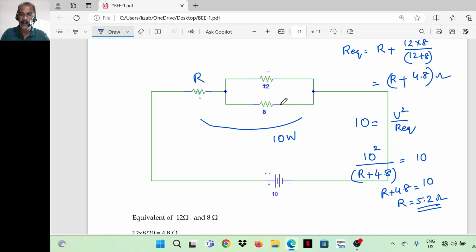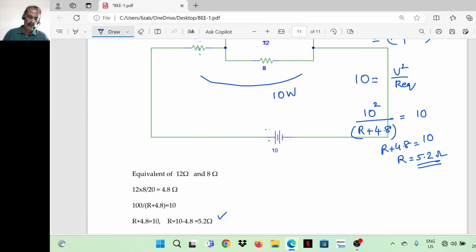The parallel equivalent of 12 and 8 is 4.8. So 4.8 plus R is the total resistance of the circuit. So 10 square divided by (R plus 4.8) is 10 watts, from which we can find the value of R, which is 5.2.